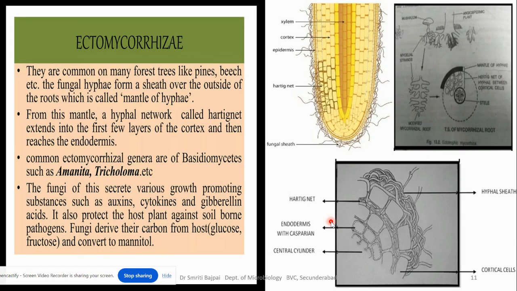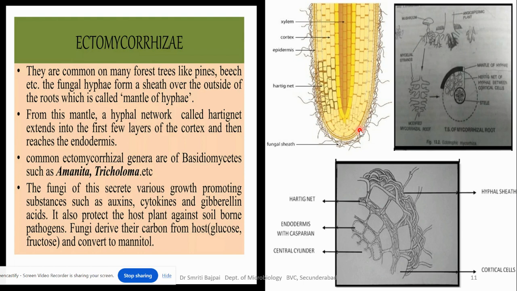Let's discuss the first, the ectomycorrhiza. These are commonly present in forest trees like pines and beeches. The fungal hyphae are present like a sheath over the outer side of the root, and they form a mantle, which is a covering.